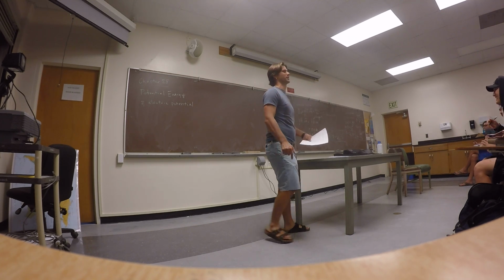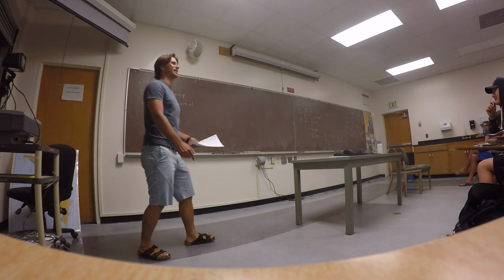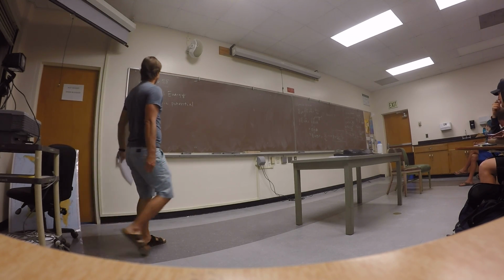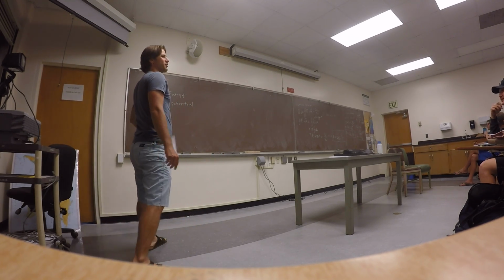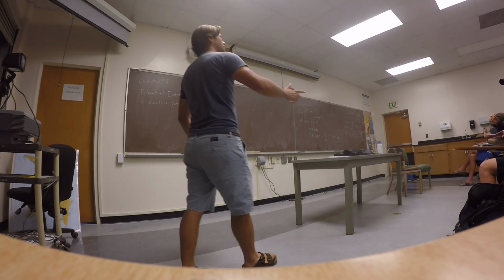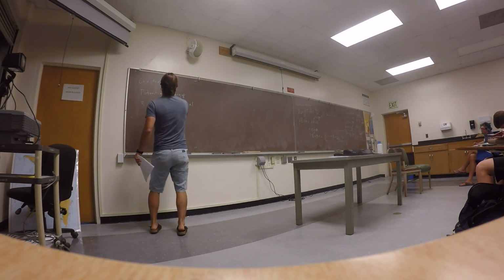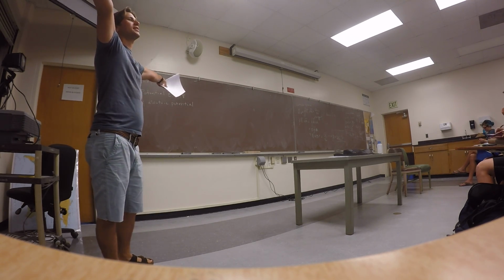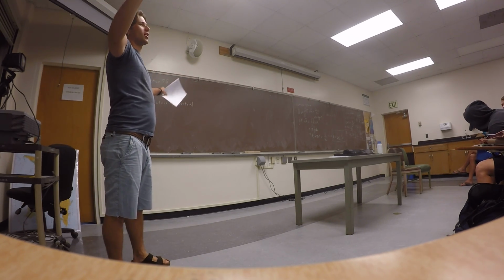It would just be stupid, right? I guess a force field is a thing in science fiction. Anyway, this is actually electric potential energy and electric potential. They're two different things. They are related, but they are different.